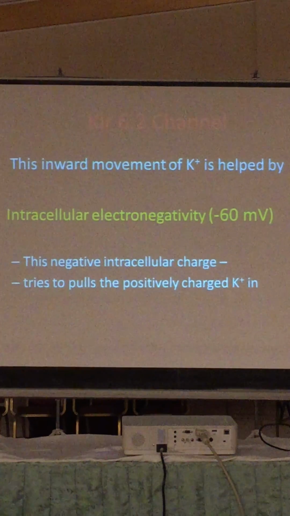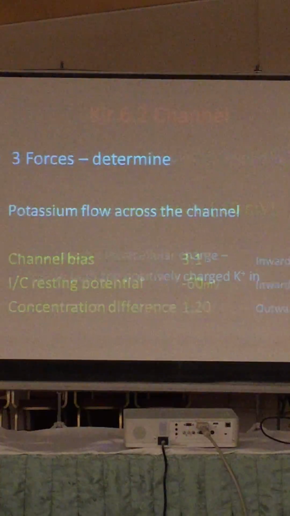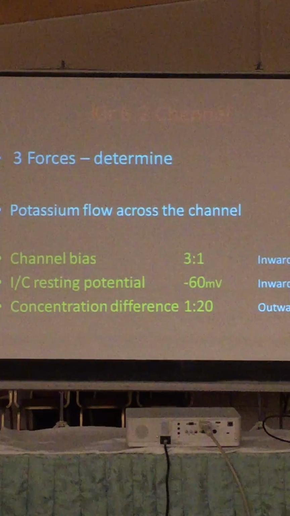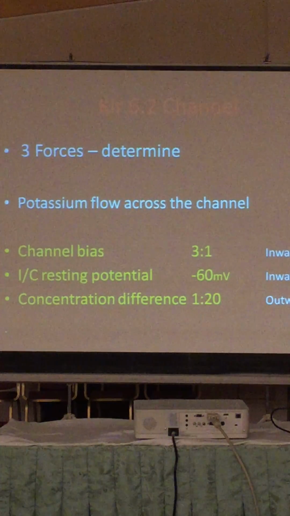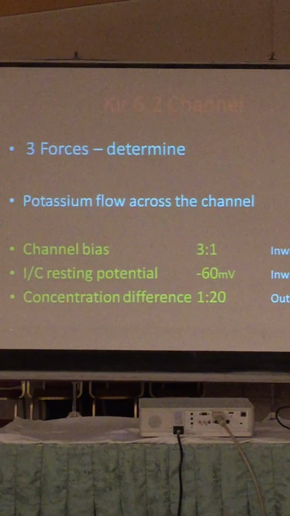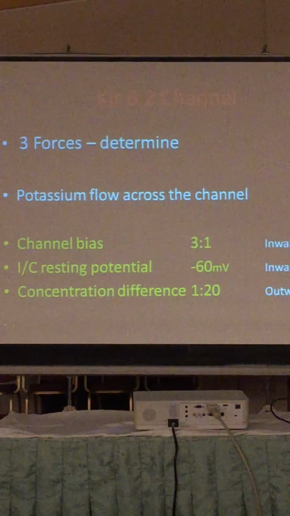Take the 3 things together: we have potassium across the membrane, where the channel bias is inward, allowing the potassium to move inward with more facility.